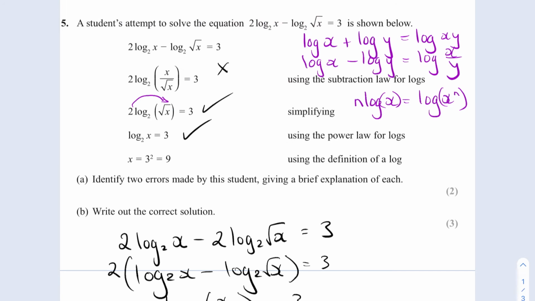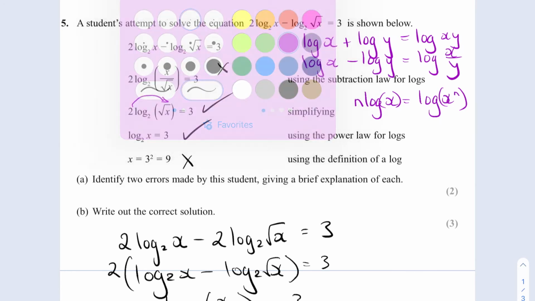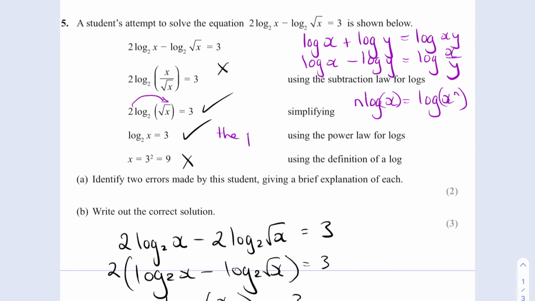And in the final step, they've taken this to mean that x is equal to 3 squared, which is equal to 9. This is incorrect, because actually this reads as the power of 2 to get x is 3. So actually, that's 2 to the power of 3 is x, or 8 is x.